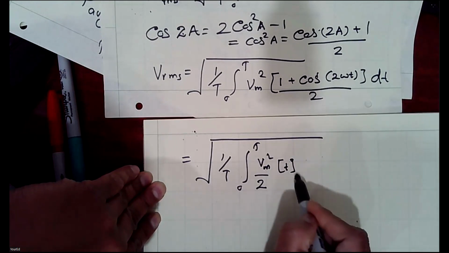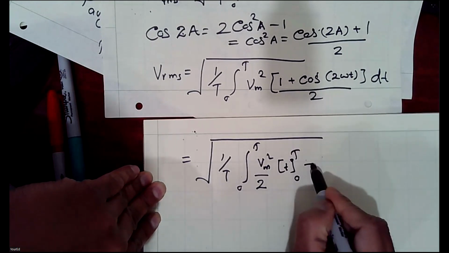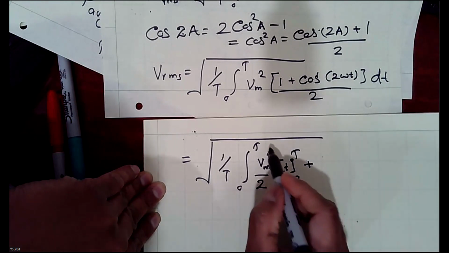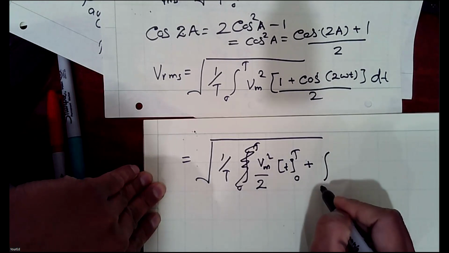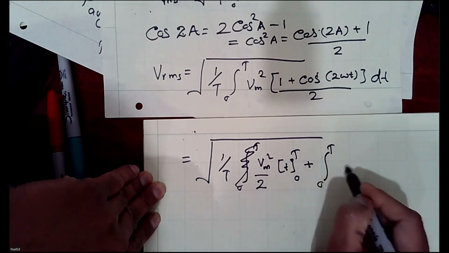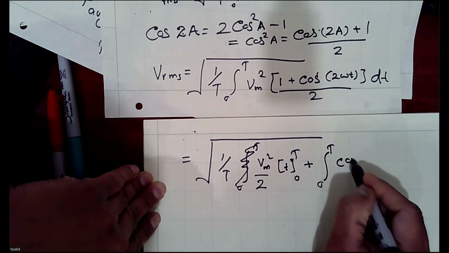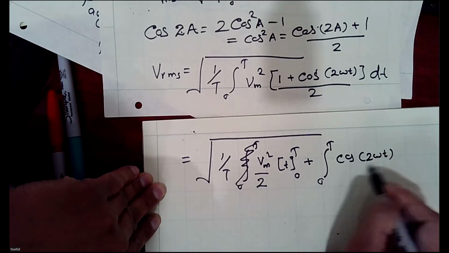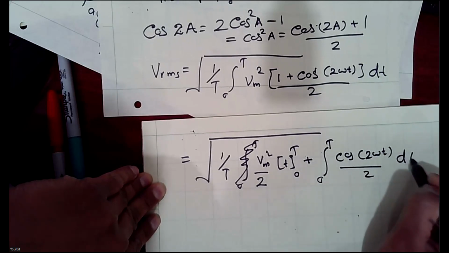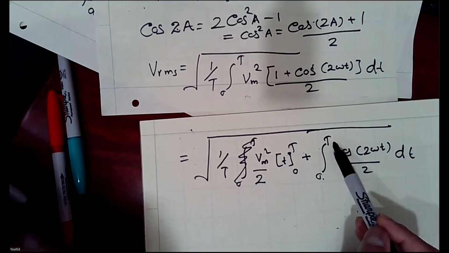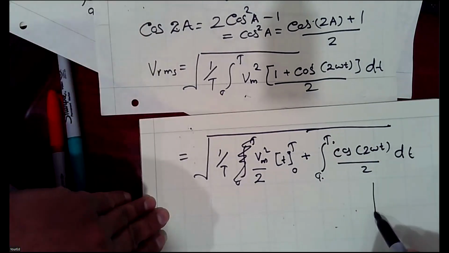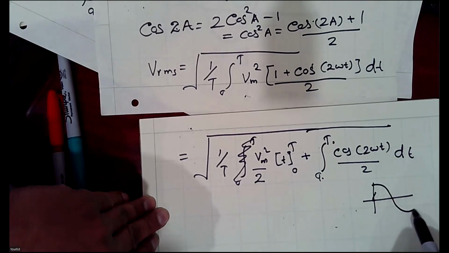The limits are 0 to T. And the other part you get... now you see this is for a whole cycle, the whole period, 0 to T. So full time period.